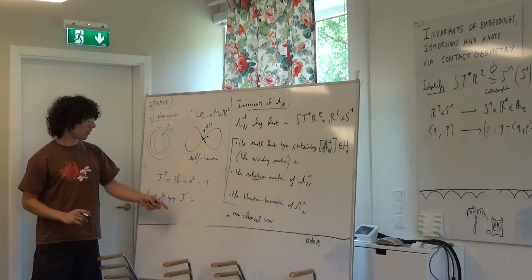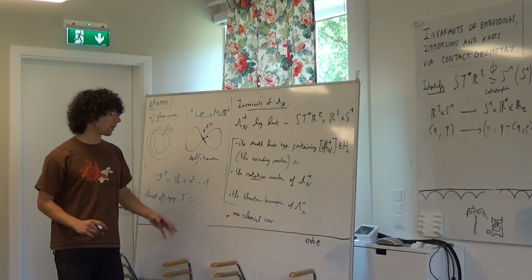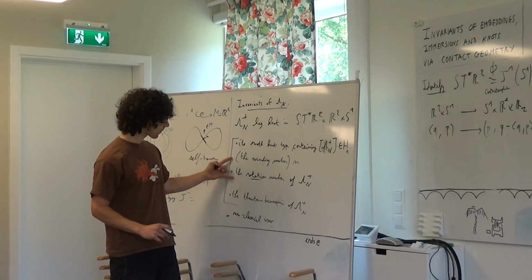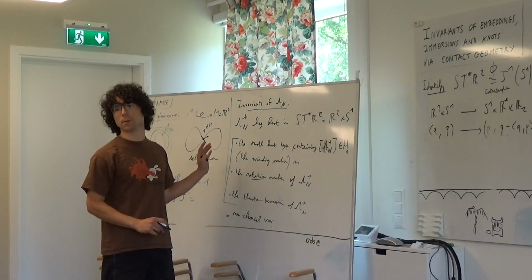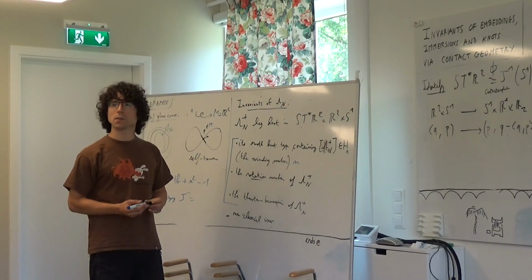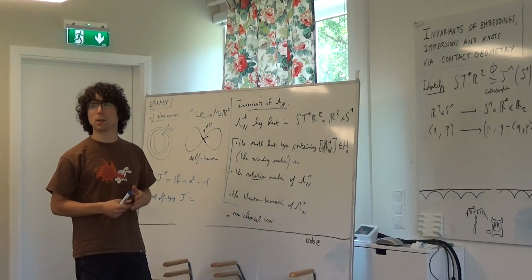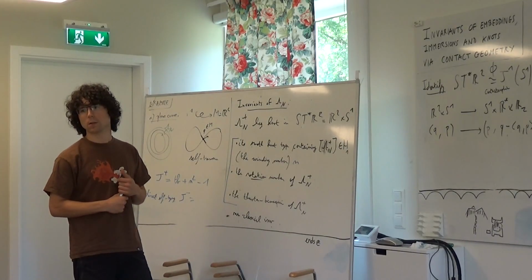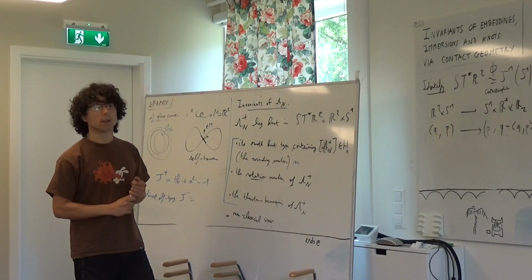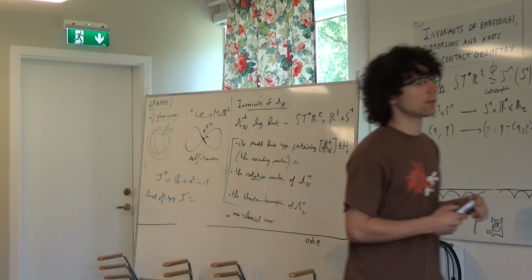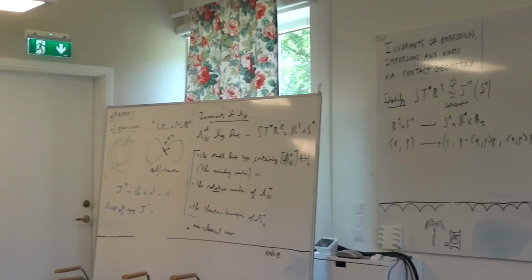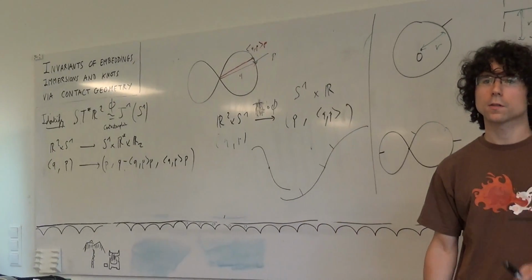And these two invariants, in fact, only depend on the framed knot type of the Legendrian knot. So Arnold's invariants are not really Legendrian invariants, they are only framed knot invariants. So here is something that Arnold couldn't have seen with these invariants.